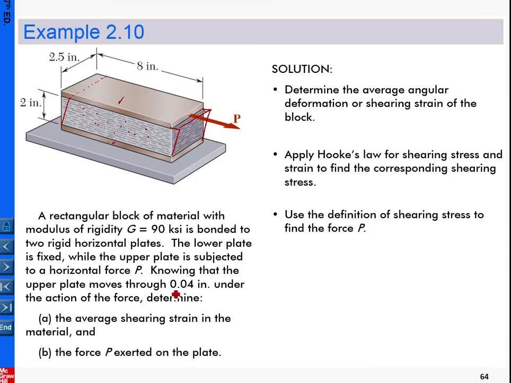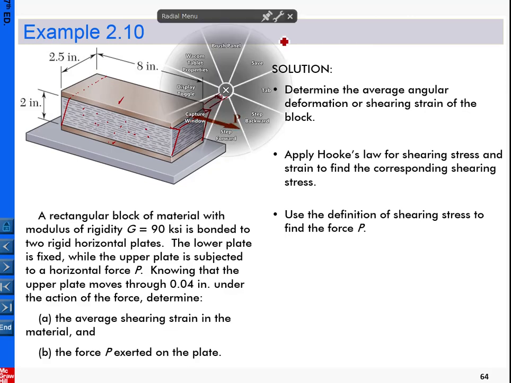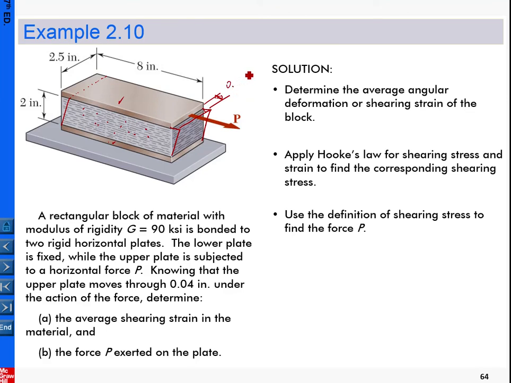Under this case, the deformation on the top is 0.04 inch. If you look at this triangle, with a 90 degree angle, this point is attached to the bottom plate, which is fixed, so no movement. The top point, due to the dragging of the force on the top plate, moves by 0.04 inch. The height is 2 inch.